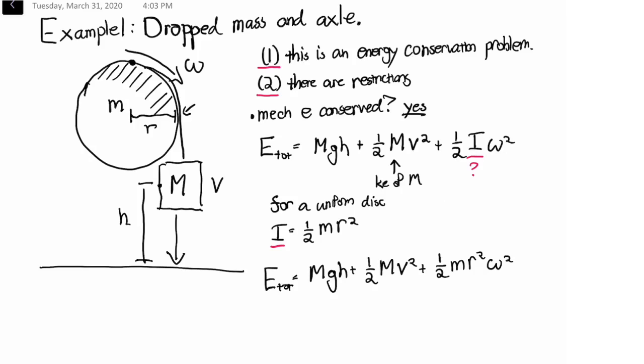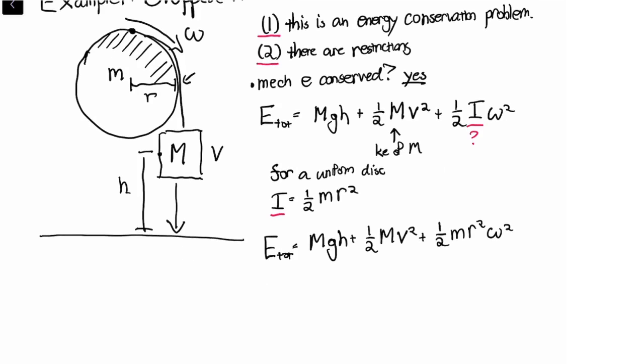Okay, now I want to apply restrictions. And by that I mean I know that this mass m, if it moves by some amount, this wheel must rotate by the same amount. So we can formalize this, right?